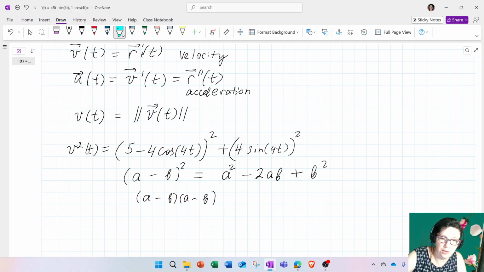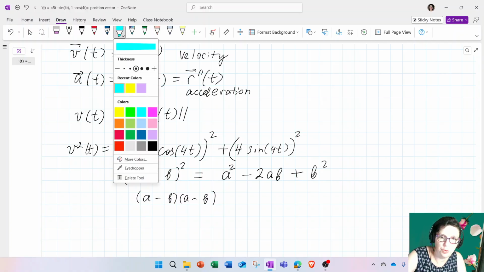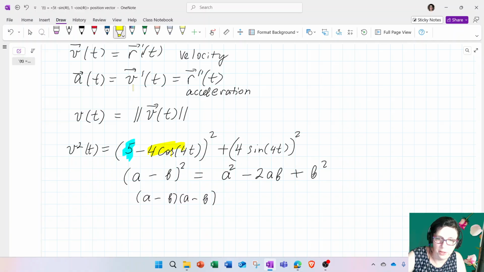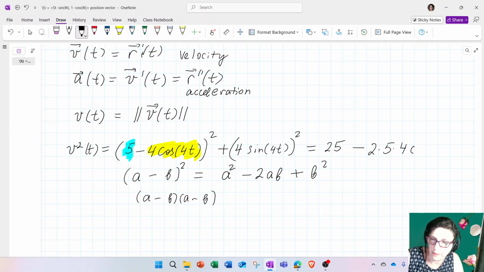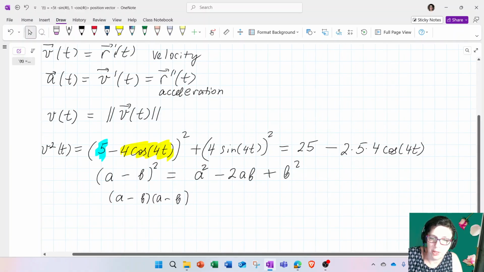So what I'm doing here is this is my a, and this is my b. Okay, so let's use the formula. The formula says a squared, so 5 squared is 25, minus 2ab, we got that term, plus b squared.